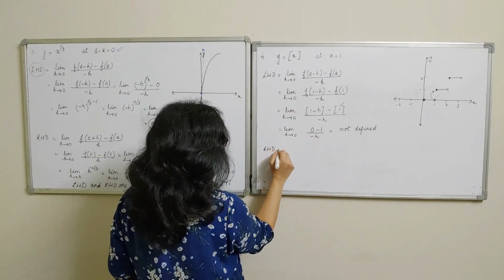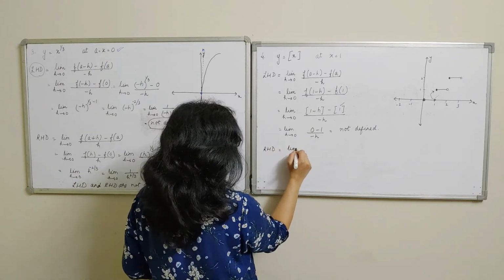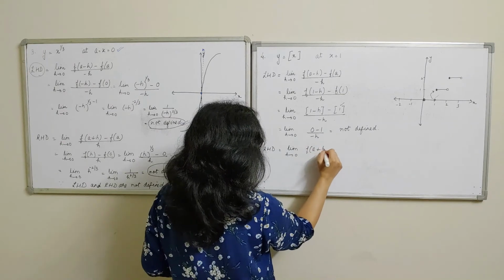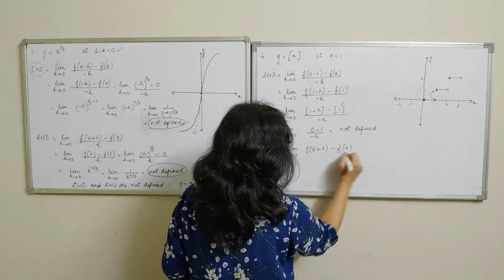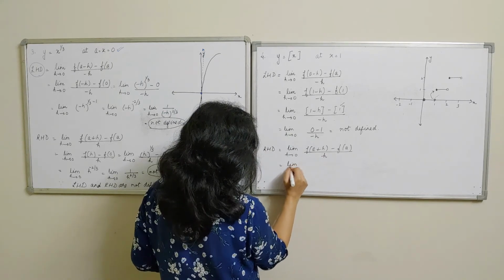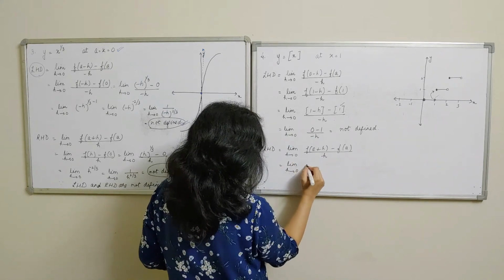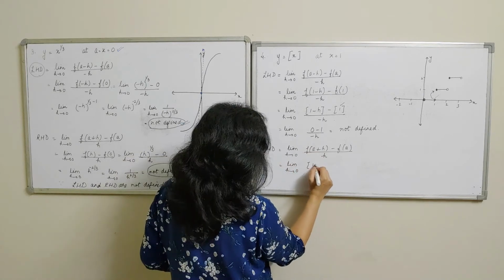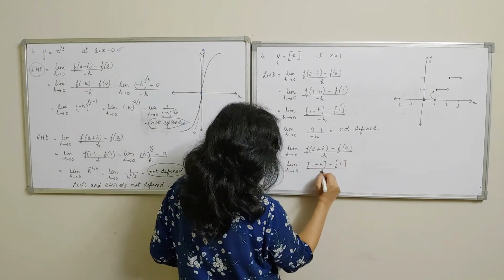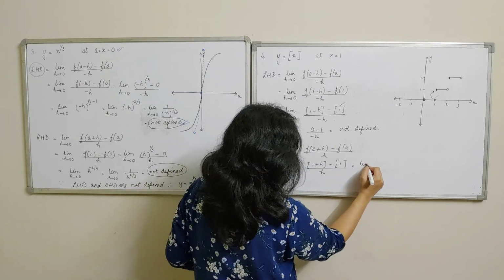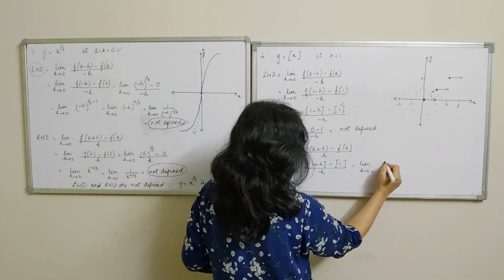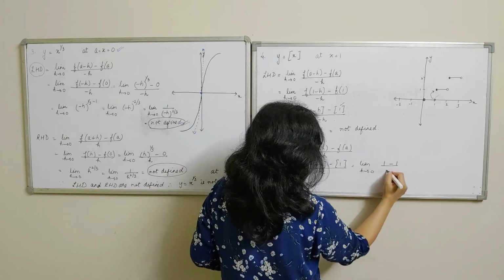Let's see the right hand derivative. Limit h tends to 0, f of a plus h minus f of a upon positive h. So here I am directly writing down, this would be greatest integer value of 1 plus h minus 1 upon h, and then the greatest integer value of 1 plus h would be 1, minus 1 upon h.